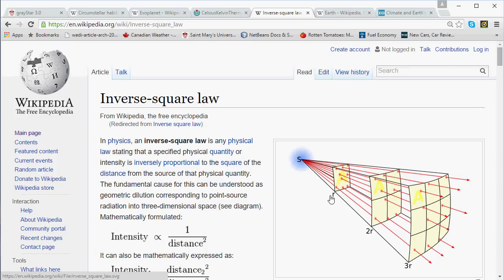The flux also depends on the distance to the center of the star, but that's an inverse square law: the flux will depend on the inverse square of the distance to the center of the star. If we were to move the planet so that it's twice as far away from the central star, then the flux intercepted by the planet would drop to a quarter, and so would the rate at which the planet is being heated.